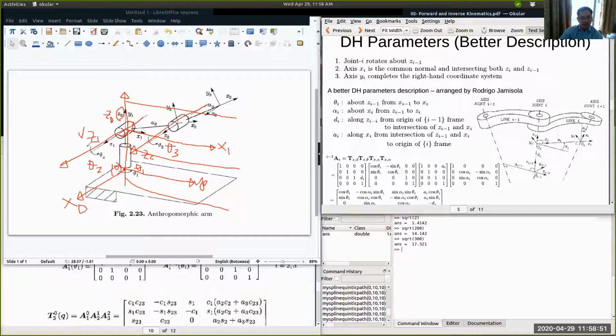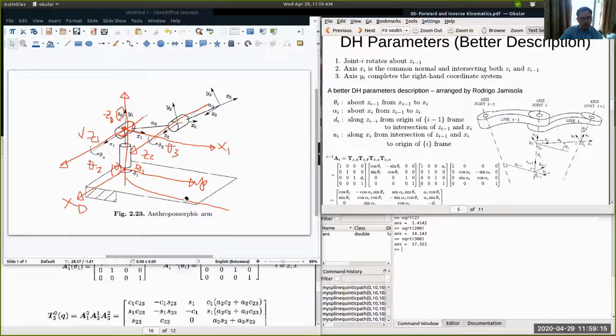No, they don't intersect Z1, so that's why you have to move this axis to here in order to identify this point as the origin of frame 1, which locks the origin of frame 1 into this point.